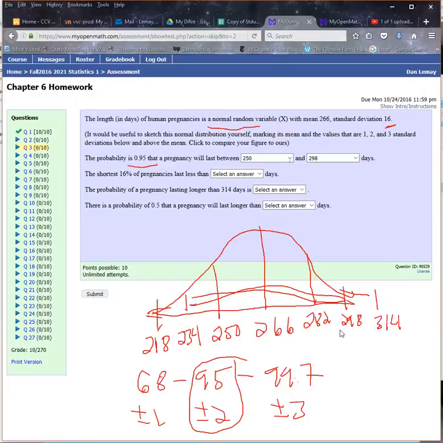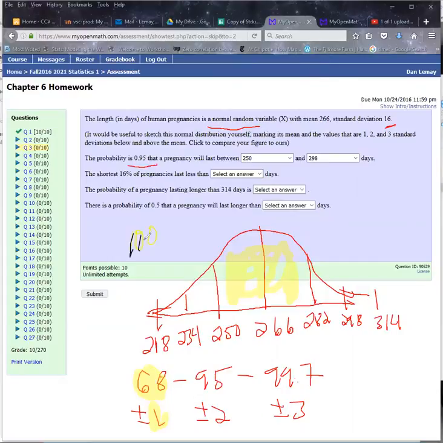Now the shortest 16% of the pregnancies. If this represents 68% because of the plus or minus 1 standard deviation, that tells me that 100 minus 68% is 32%.